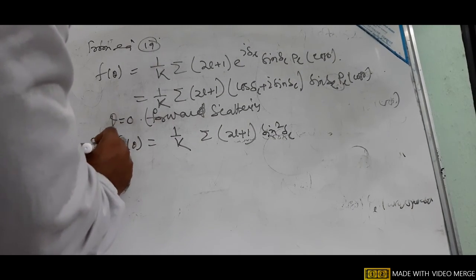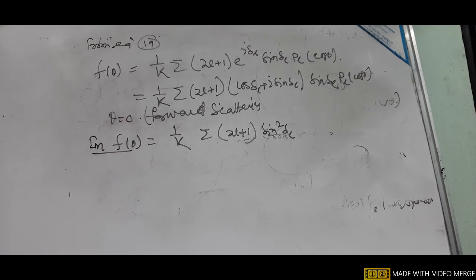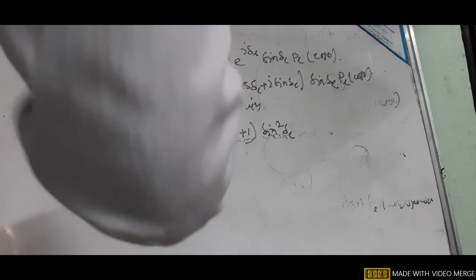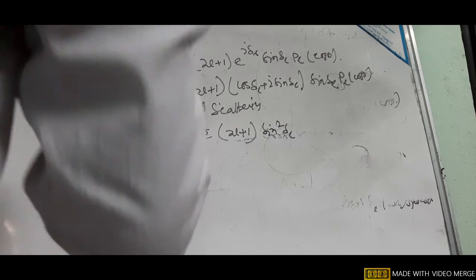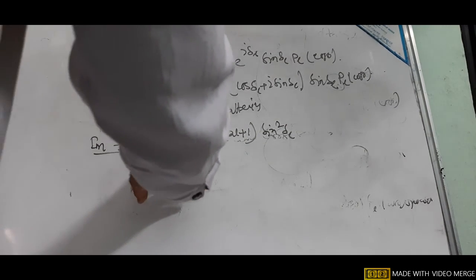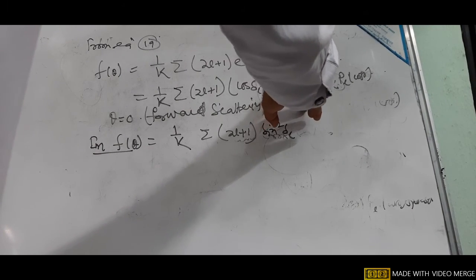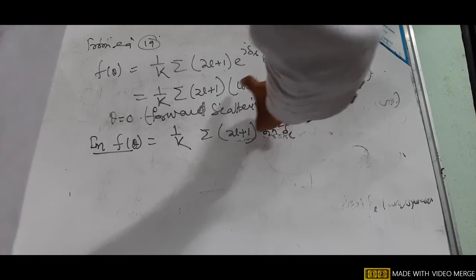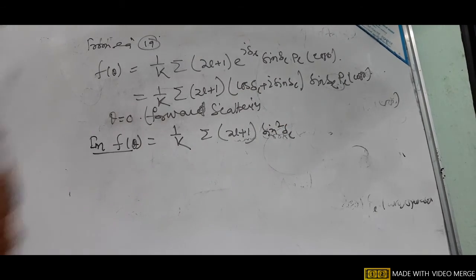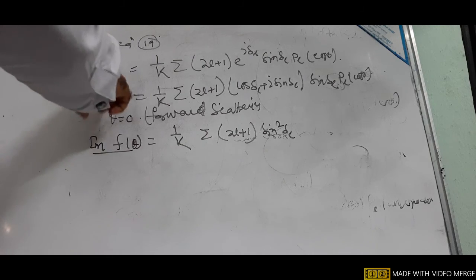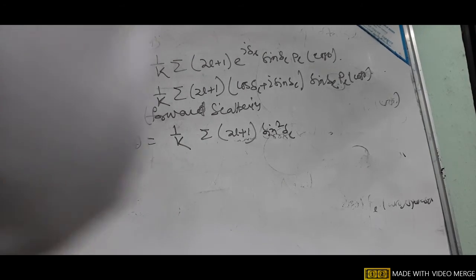this is imaginary. First we write down f(theta), later the imaginary part of f(theta). If you take the imaginary part, sin squared delta will come, cos delta will not come, that is the real part. So the imaginary amplitude is sin squared delta_l times P_l(cos theta).